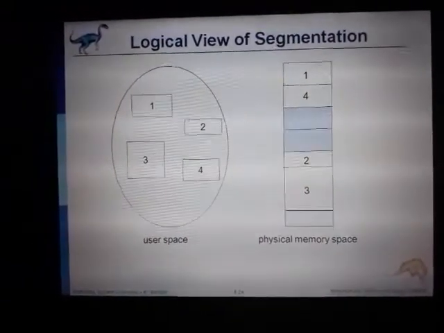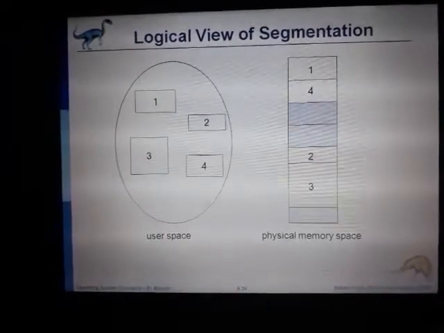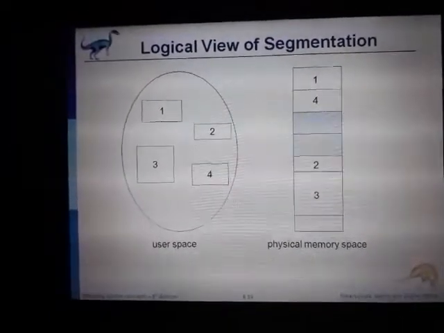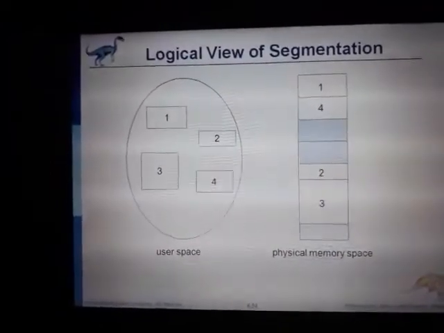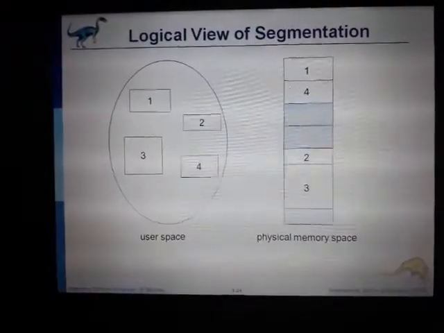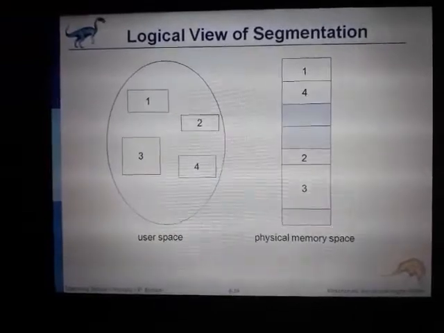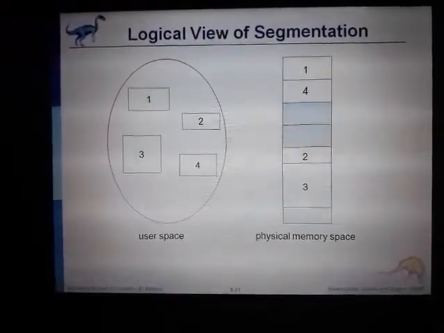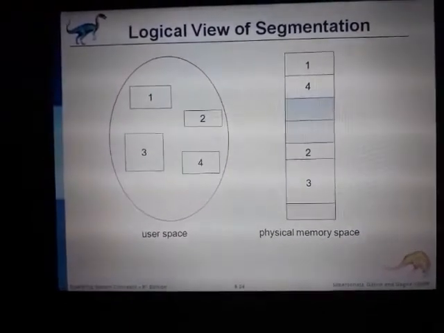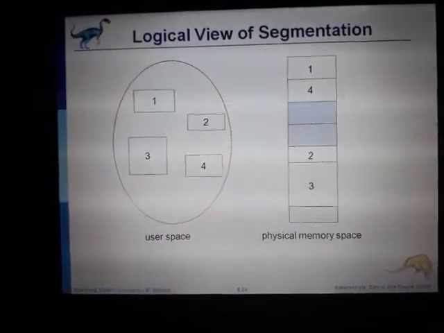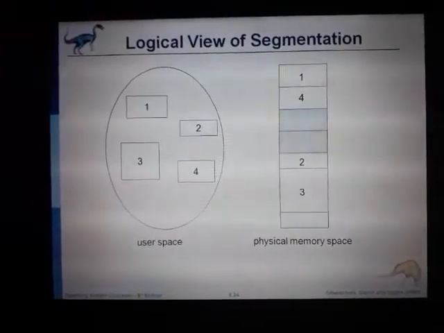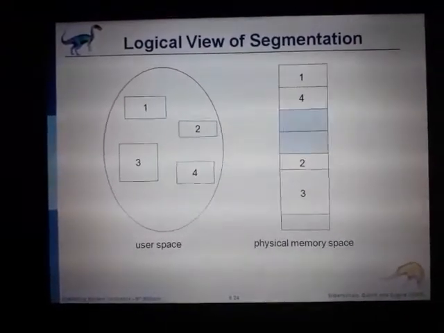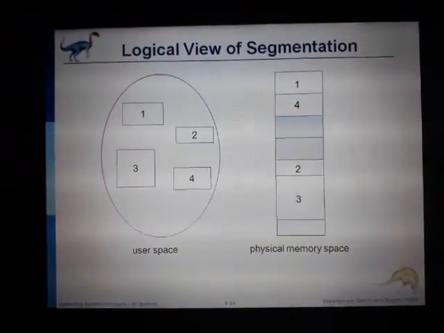Logical view of segmentation. In this diagram there are two things to remember: user space and physical memory space. I told you in the previous lectures how the physical memory and the logical memory are divided. Here in the user space there are four elements named 1, 2, 3 and 4, and these will occupy locations in the physical memory space.